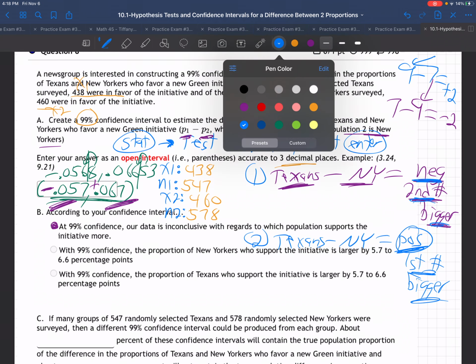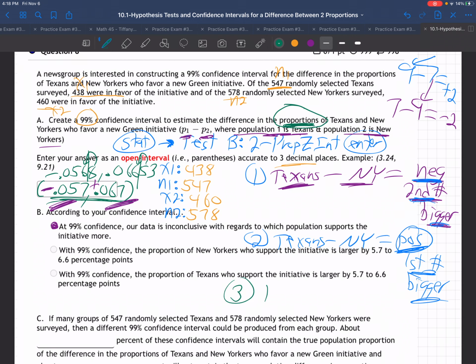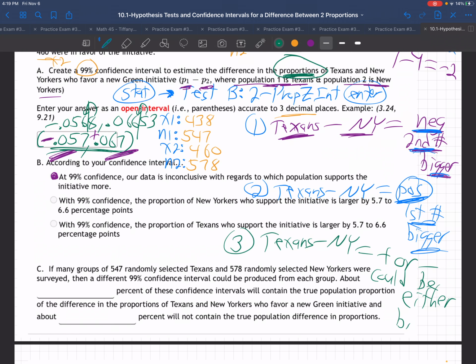Okay? But ours, you subtract two things and it equals positive or negative, it could be either. Either could be bigger, right? And why do I say that?